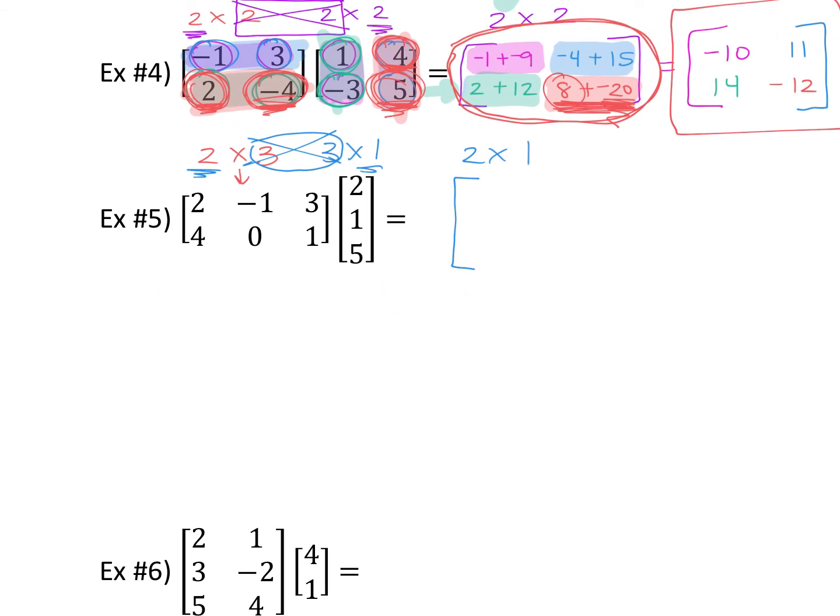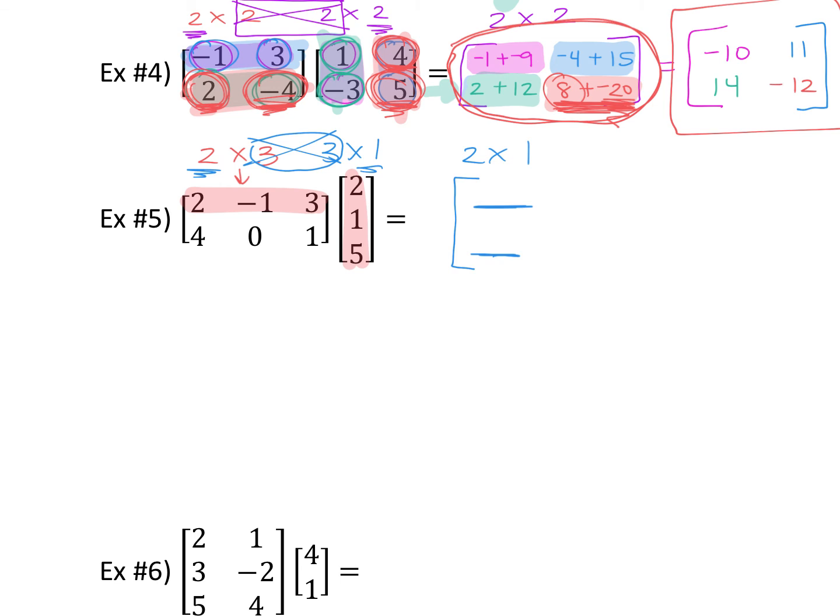So if it's a 2 by 1, that means we have a number here and a number here in our final answer, just 2 numbers, right? Okay, so let's look at how we can do that. We want our top row, first column, to be from the top row, first column. So now we have 3 numbers that we're working with, but it's the exact same process. You multiply and you add, okay?